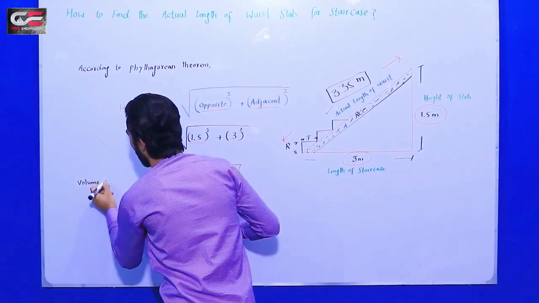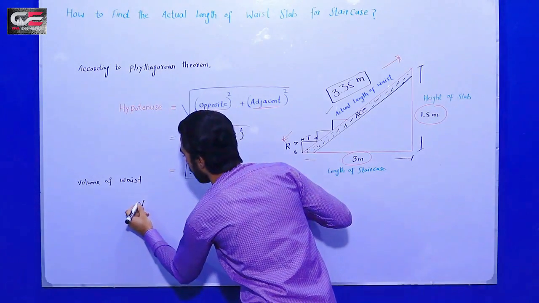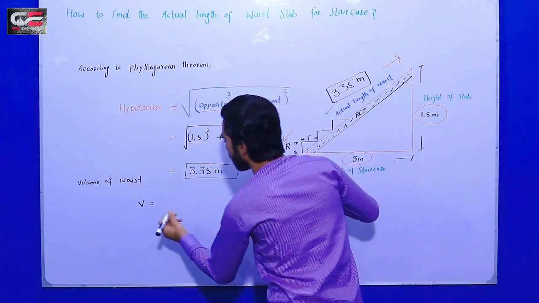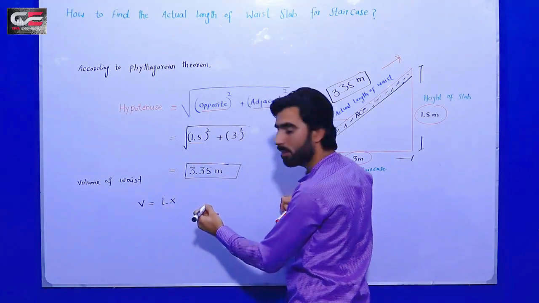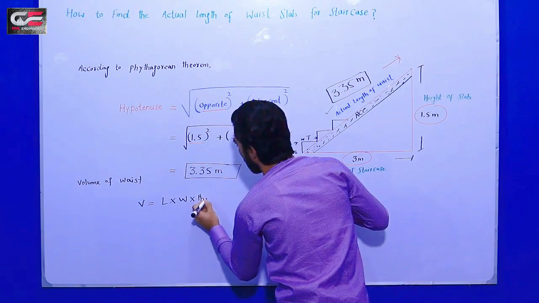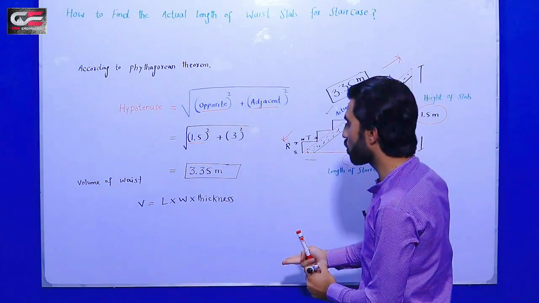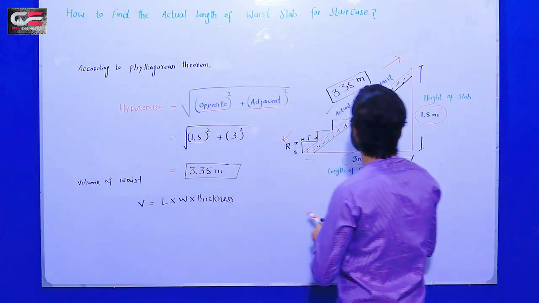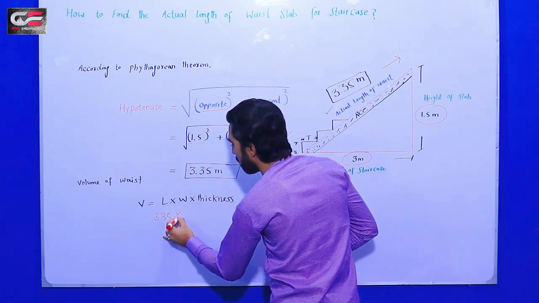When you are finding the volume of the waist, the formula is V equals length multiplied by width multiplied by thickness. This is the formula to find its volume. So what is the length? The length is 3.35 meter, multiplied by width.